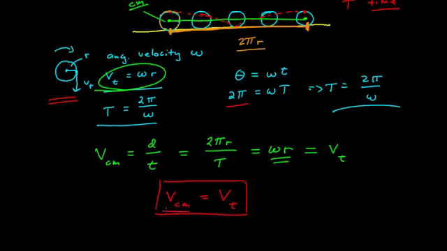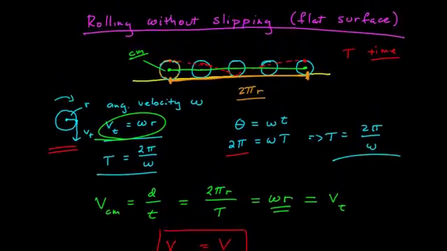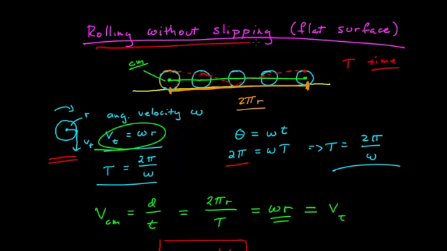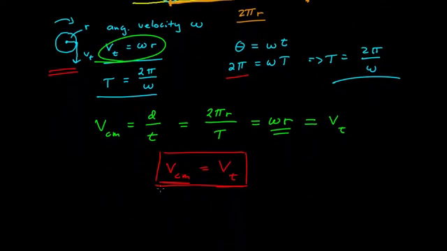The velocity of the center of mass of the cylinder is equal to the tangential velocity of a point on the cylinder. Remember, these are the two conditions: it's not slipping and it's on a flat surface. But this is the important relationship that we want to use.